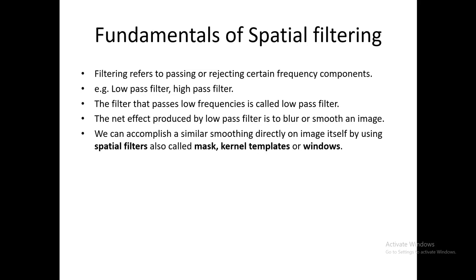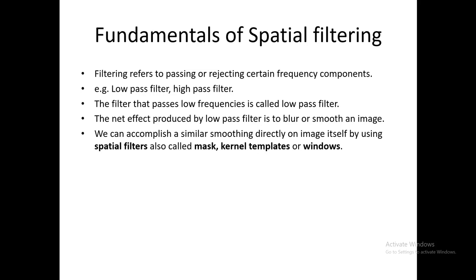While talking about filtering in image processing, it is usually referred to as a smoothing filter. If we try to relate the low pass filter and the smoothing operation in an image, the net effect of a low pass filter is to blur or smooth an image.